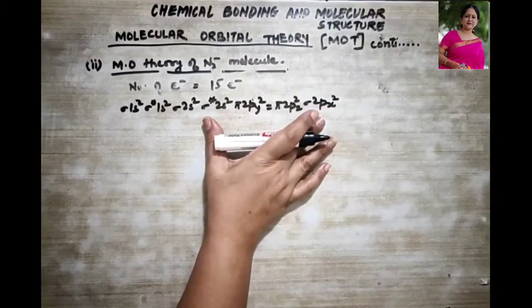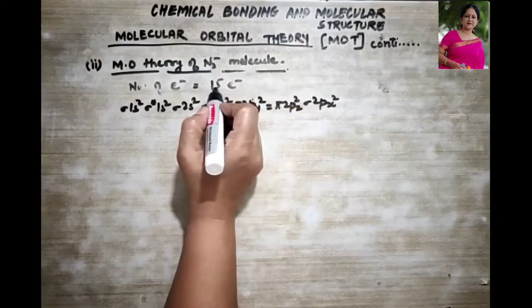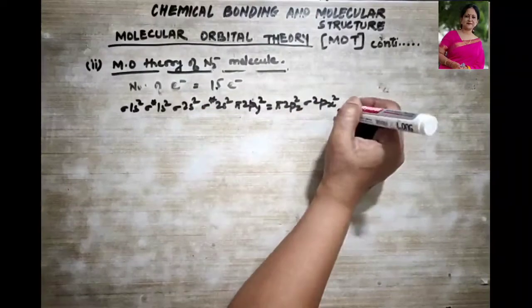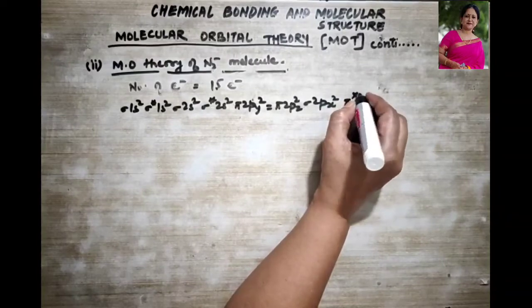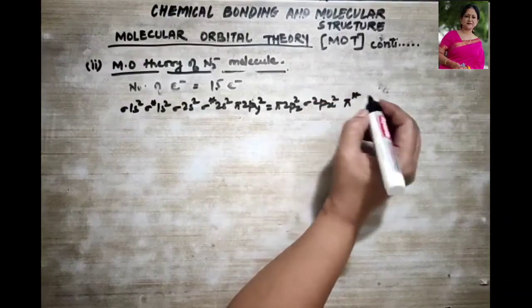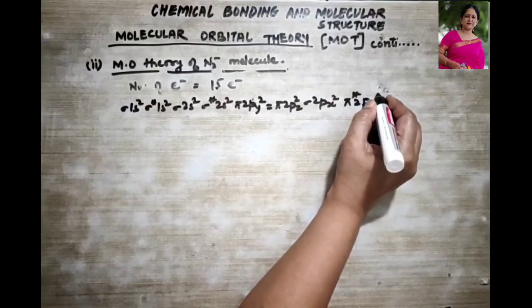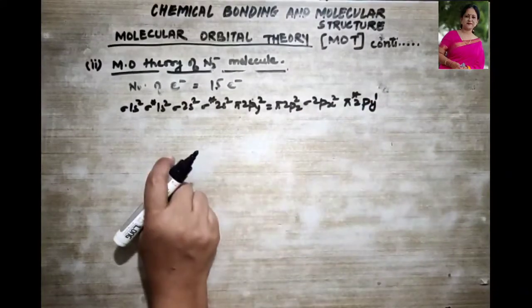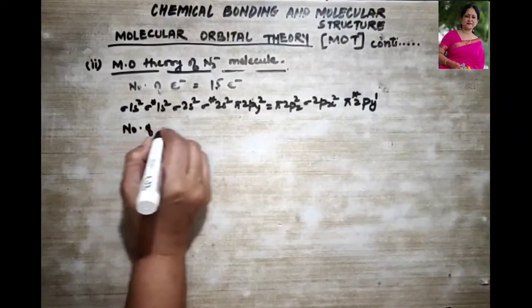This was 14, equal to the nitrogen molecule, and the number of electrons is 15. So now it will go to the antibonding, that is antibonding pi. Which one is it going to go to? 2py, and how many electrons there? 1.